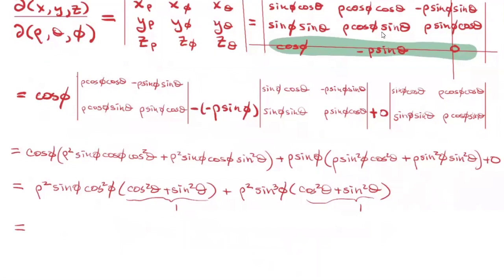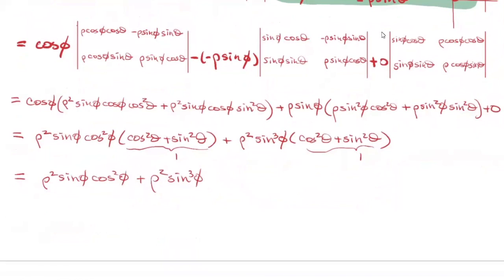So you end up with rho square sine phi cos square phi plus rho square sine cube phi. And it's tempting to stop, but don't, because then you've got rho square, and we're going to factor out a sine phi.